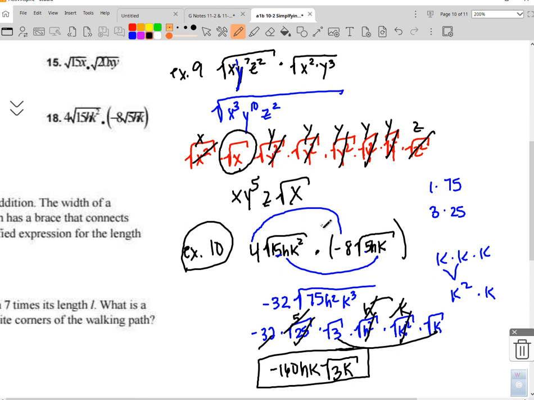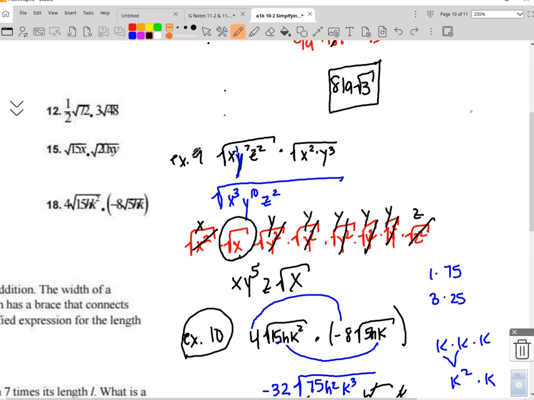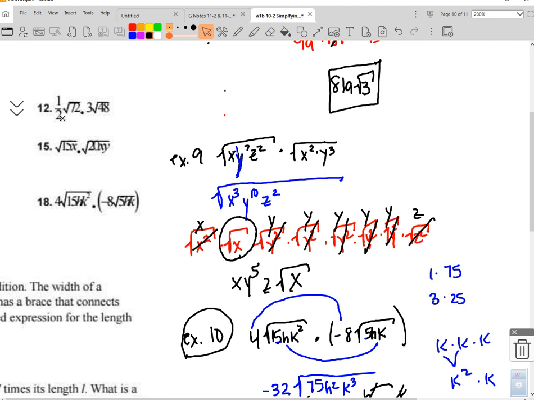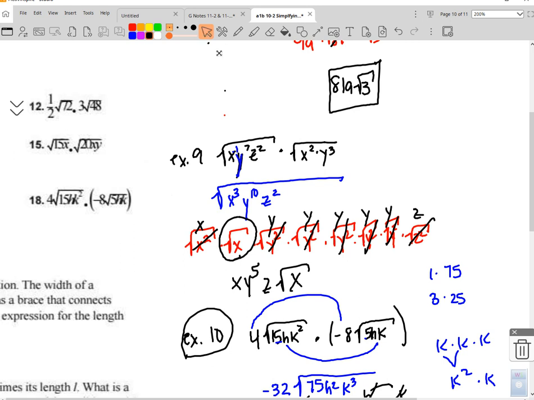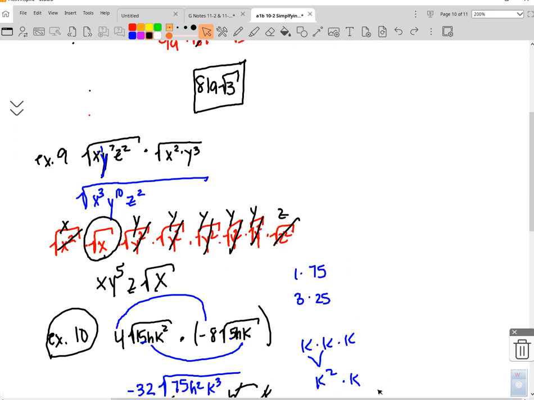Alright, you want to do one with the fraction on the outside? Yes, please. Alright. So we're going to do this one. Do you guys see with this? Everybody see with this? Everybody caught up with me?